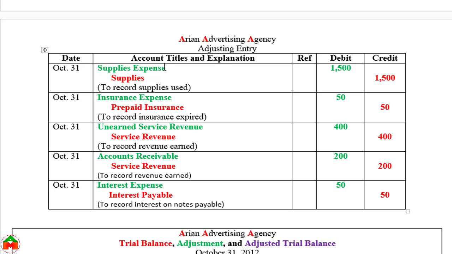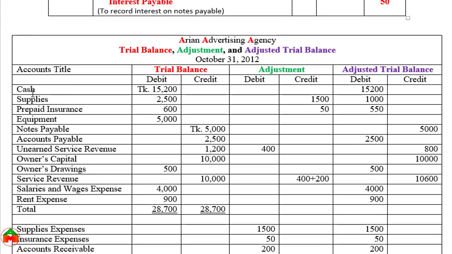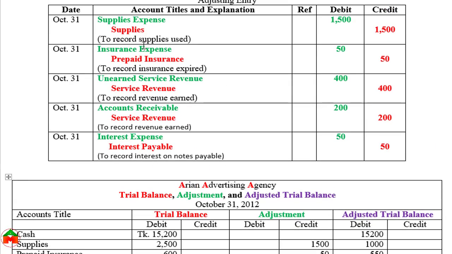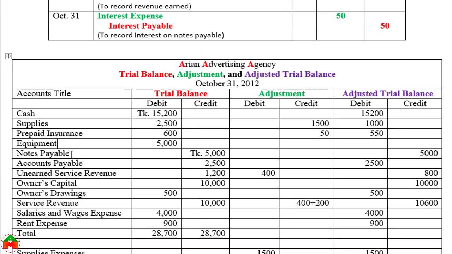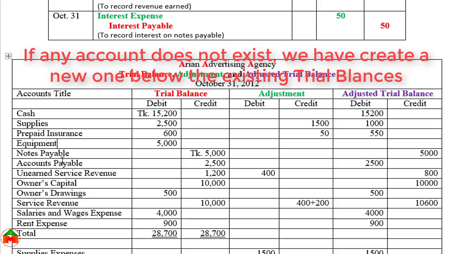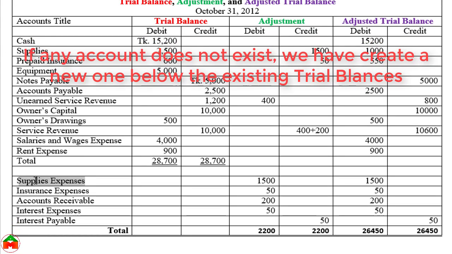Here, supplies expense debit. Is there any supplies expense? No. This is not supplies expense, this is supplies. Looking at the accounts: supplies, prepaid insurance, equipment, notes payable, accounts payable, service revenue, owner's capital, owner's drawing, salaries and wages expense. There is no supplies expense. If an account does not exist here, we need to create a new one.